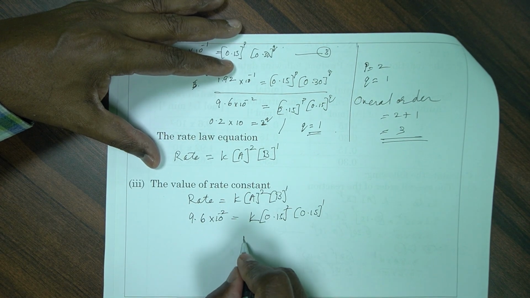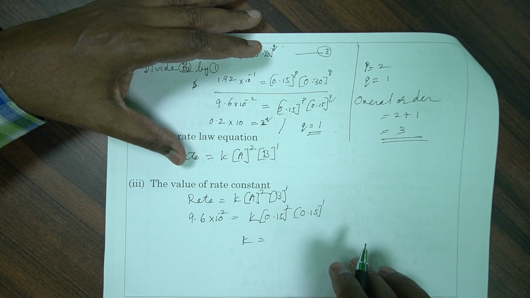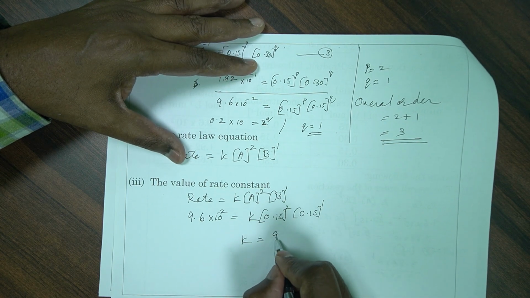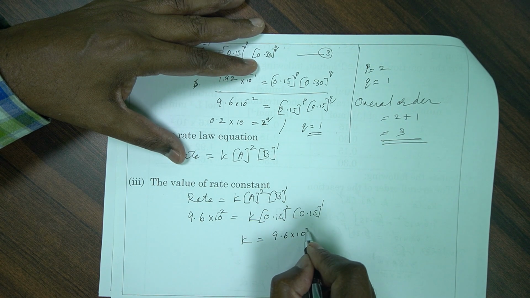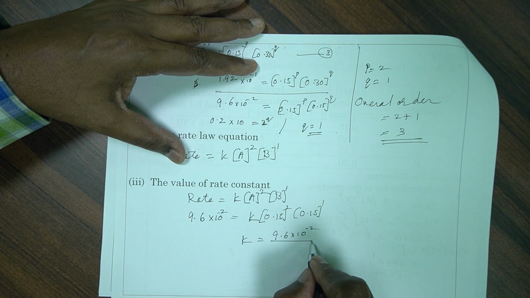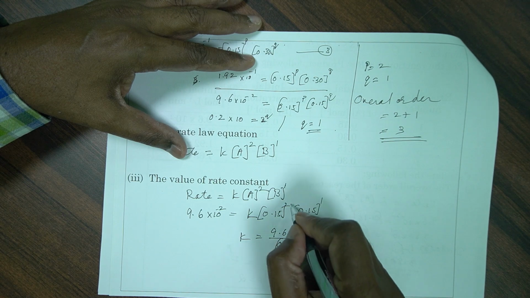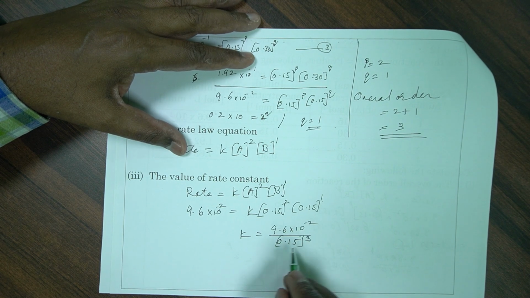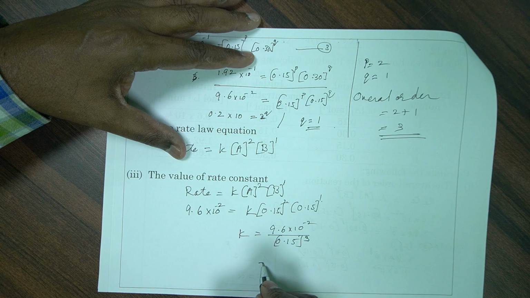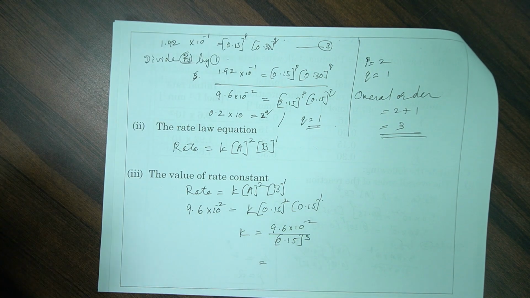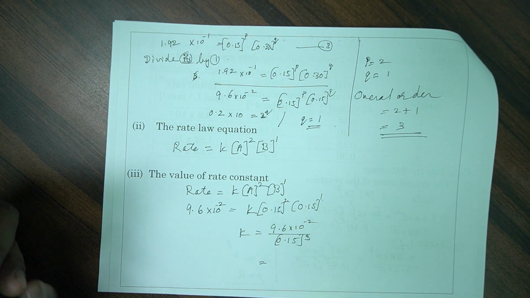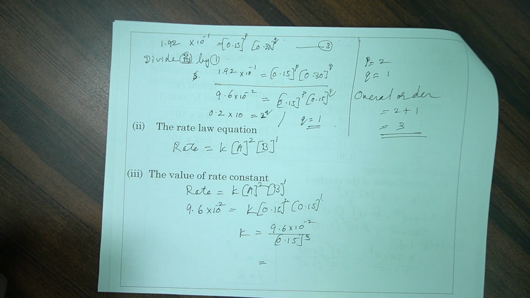So from here K is equal to, we can calculate 9.6 into 10 to the power minus 2 divided by 0.15 to the power 3, 2 and 1, okay, multiply. So that's equal to, solving this using the calculator, we'll take up the values.